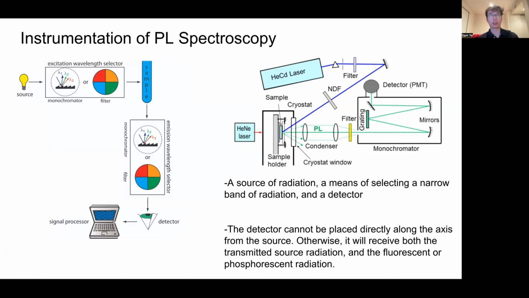So PL spectroscopy is very similar to absorption spectroscopy, but take note that the detector cannot be placed directly along the axis from the source. Otherwise, it will receive both the transmitted radiation and the fluorescence or phosphorescence radiation.